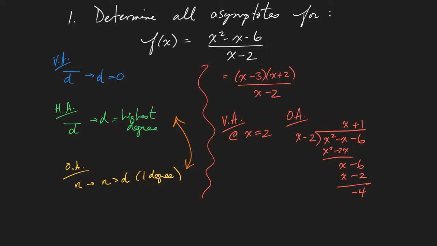Now, this is never required, but some people do like to write out that f of x is your quotient, x plus 1, minus, or add on the negative of the remainder over the divisor.